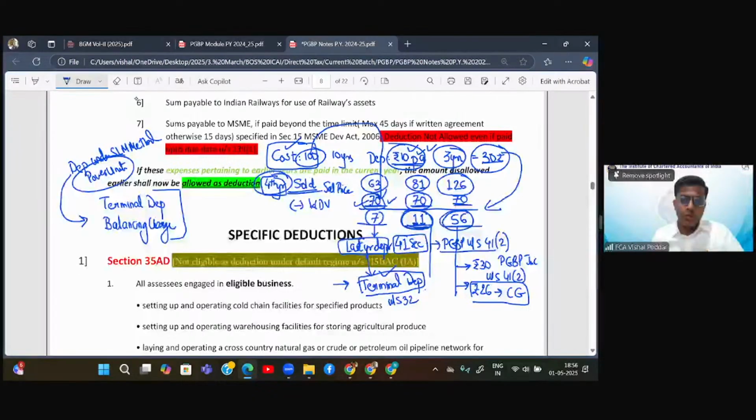In the second case, you have recovered more than 30, up to 30 it is PGBP. Over and above that will be your CG. Hope I'm able to explain this very beautiful concept of income tax. And I hope everybody of you has understood this.